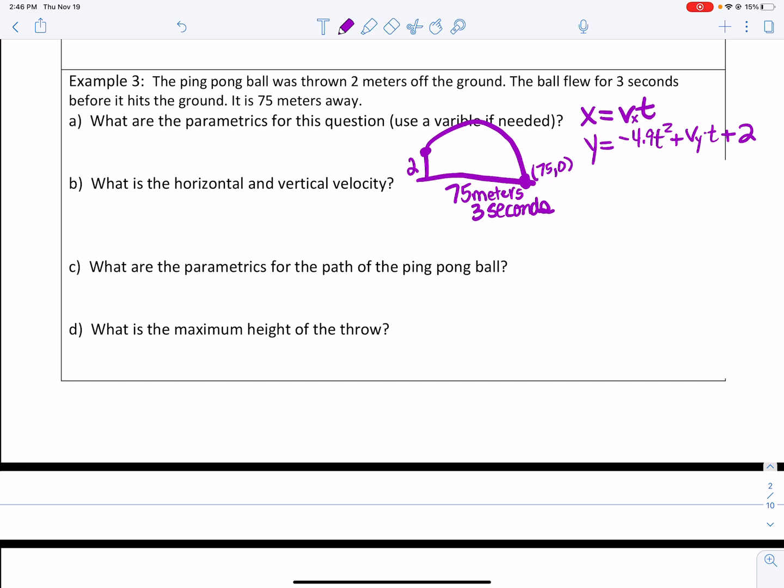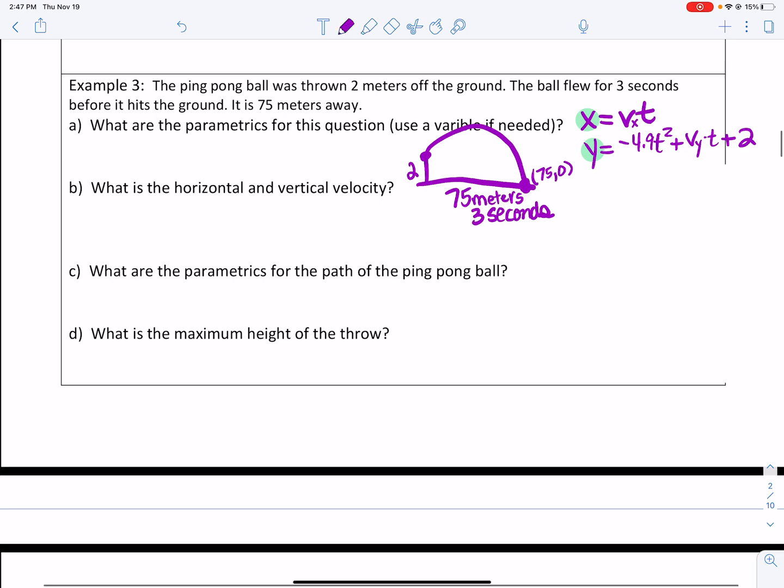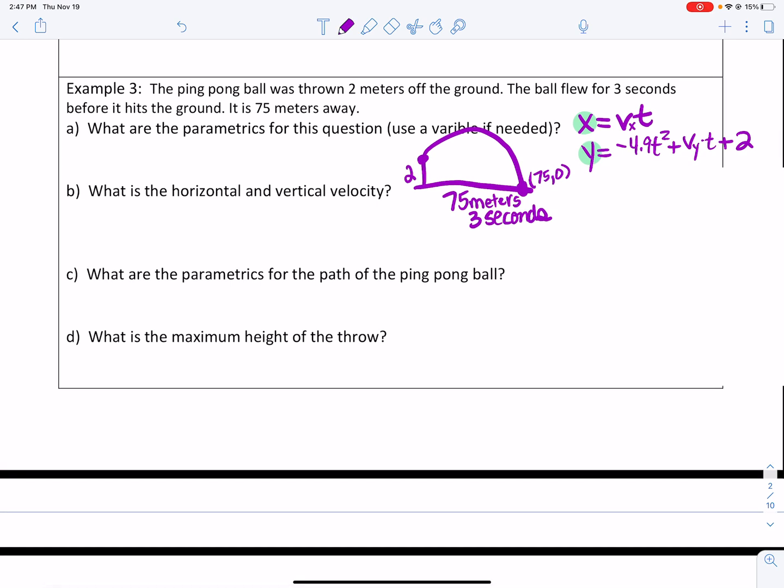I do not know the velocities at all, but I do know an x and a y, so I can fill that in there. And I also know a t.